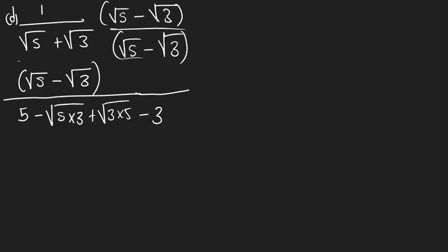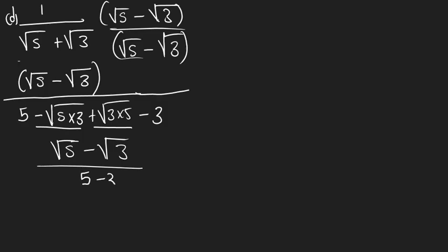This is a 0, we all know that. So we are going to have root of 5 minus root of 3 over 5 minus 3. So root of 5 minus root of 3 will give us that.